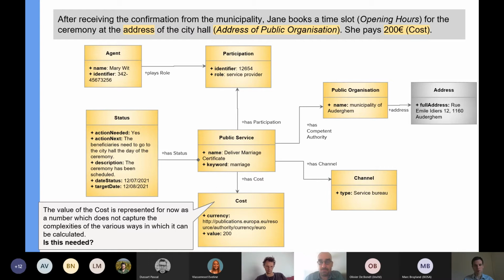Okay, so I understand that you're in favor of keeping, so far, the informal information-giving use case, and that diving into the cost definition can be done in a more specific implementation model or application profile model.